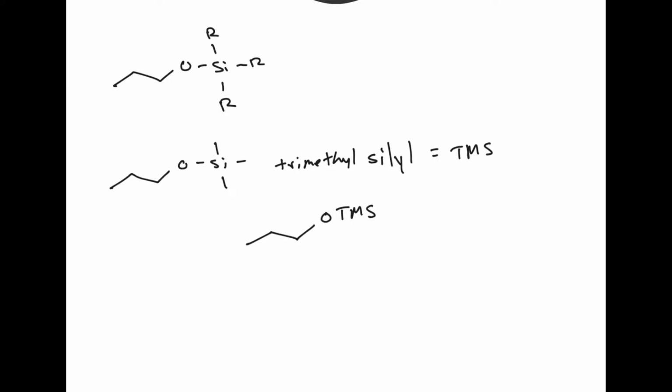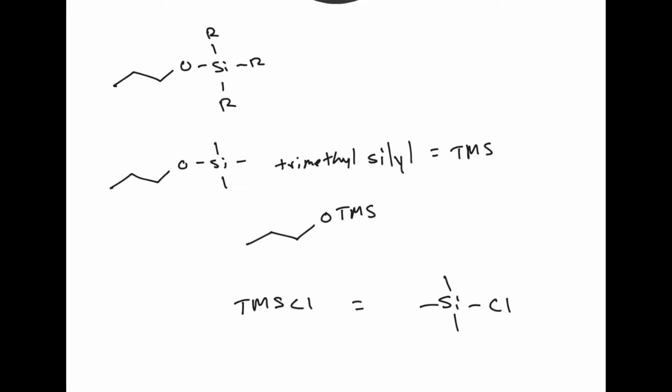The way that almost all the silicon groups we're going to talk about get put on is they start out as being the silicon with a chloride on it. So if you see TMSCl, that is your silicon with its 3 methyl groups around it, and then it has a chlorine on it.